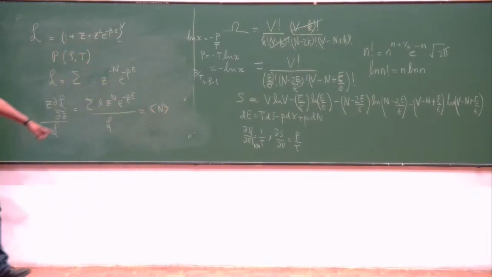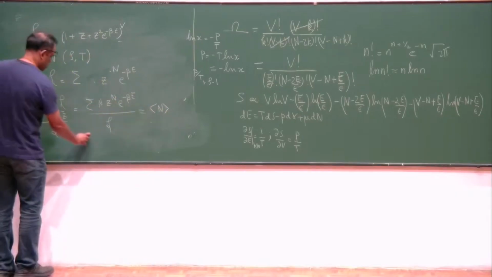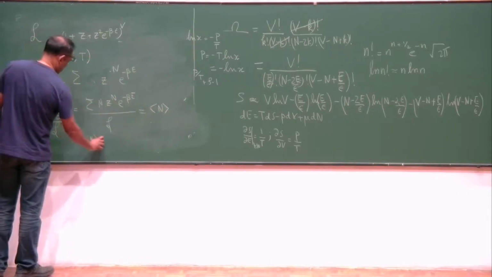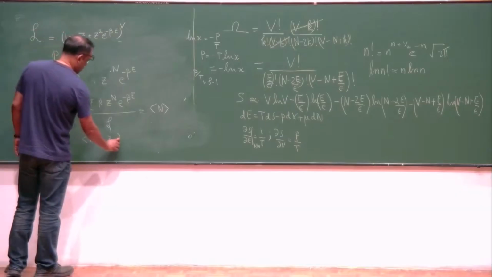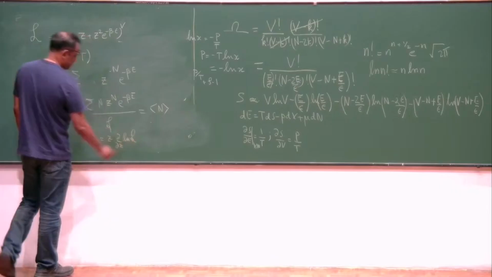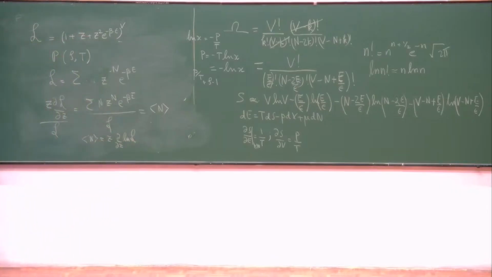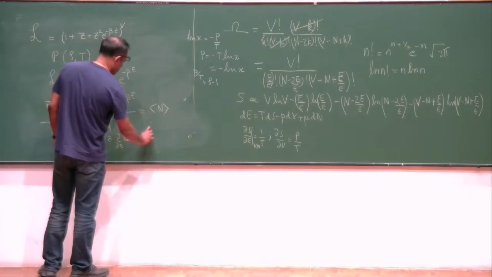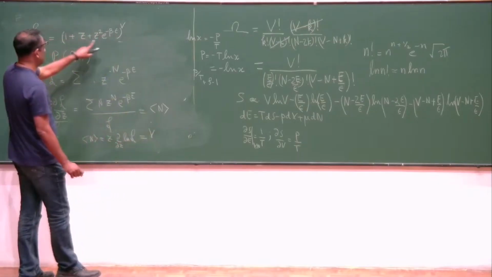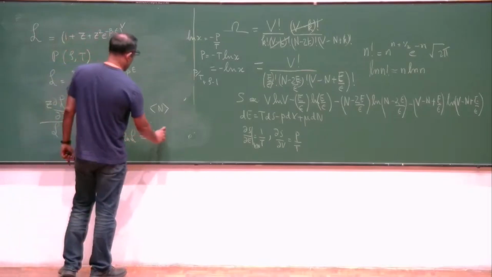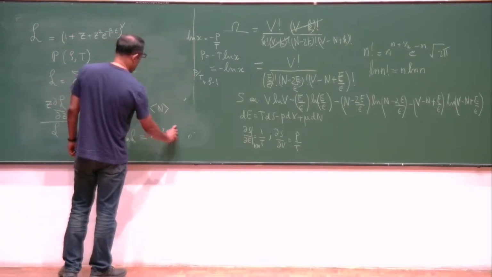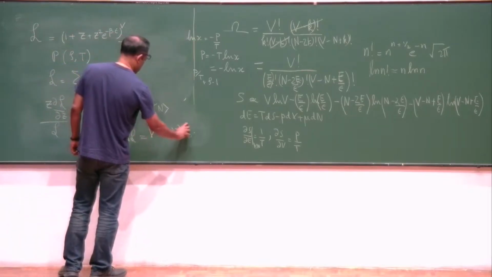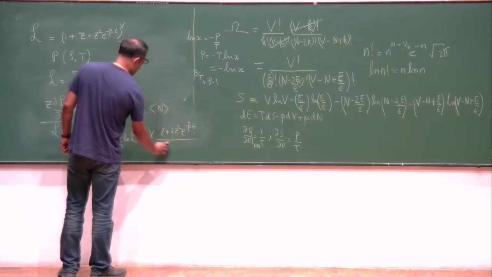So to find the expectation value of n, I have to do Z del by del Z of log L. That is easy to do because the logarithm of this is V times log of this particular quantity, and I get V into (Z plus 2Z square e to the power minus beta epsilon) divided by (1 plus Z plus Z square e to the power minus beta epsilon).